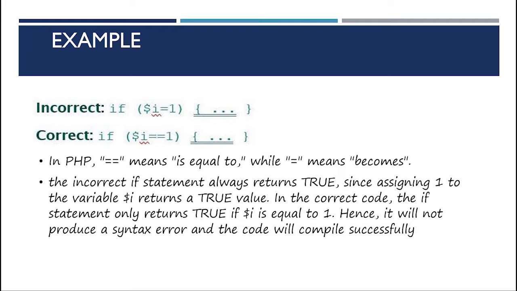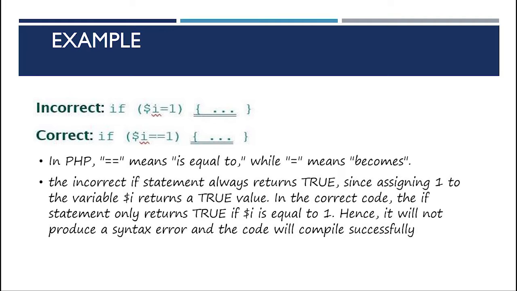So the correct one is the if statement coding that declares $i == 1. In PHP, double equal means equal to, while single equal means becomes.